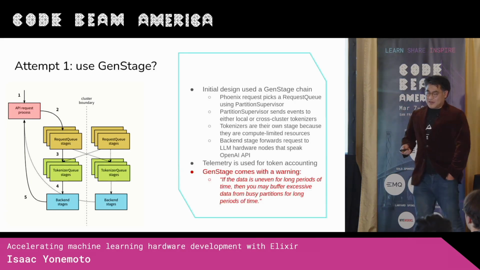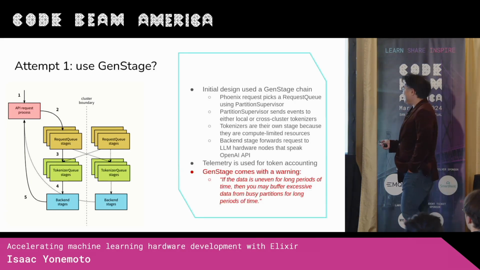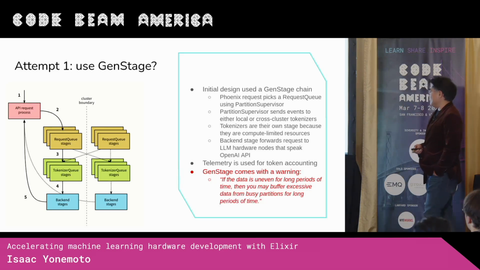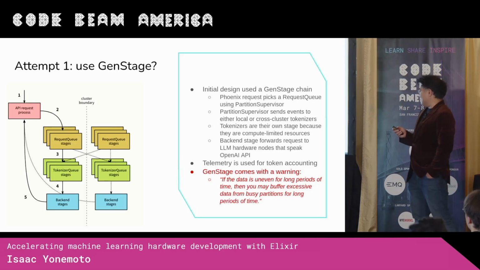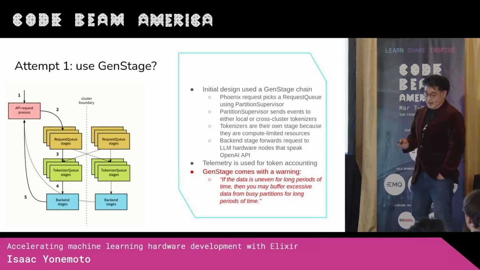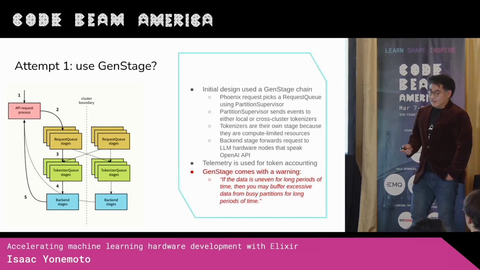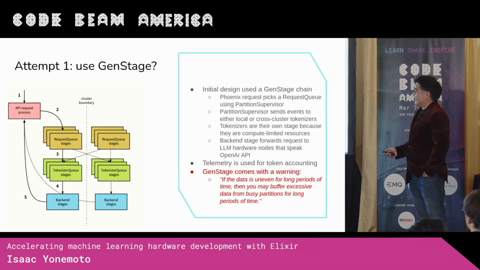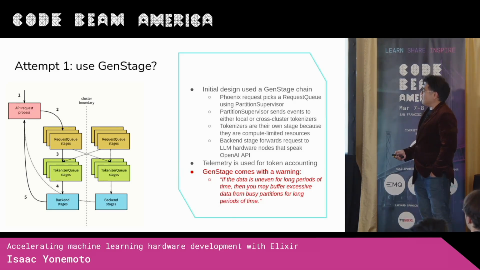However, GenStage comes with a warning: if the data is uneven for long periods of time, then you may buffer excessive data from busy partitions for long periods of time. What that means is if you have any sort of heterogeneity in the consumers of any stage in the GenStage, you shouldn't be using it.